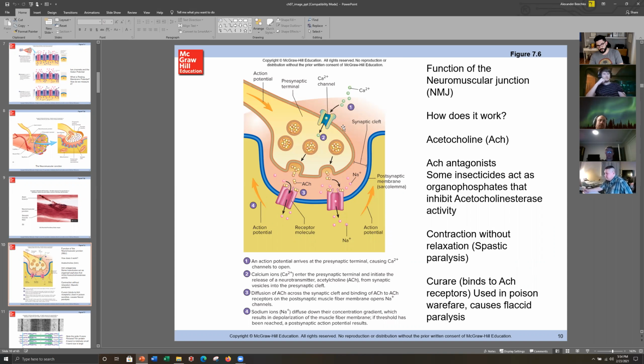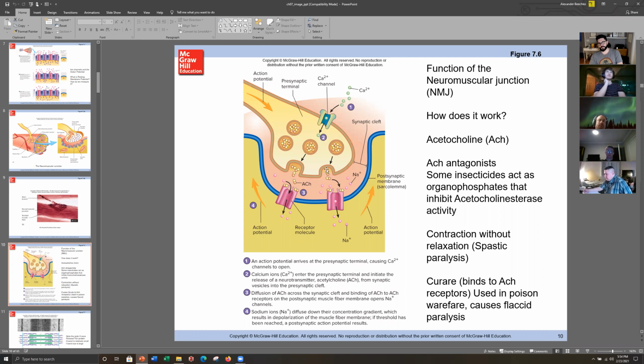Okay, so one of the first instances, and definitely not the last, of the importance of calcium. Calcium will then enter the end of the neuron here, and then it'll trigger this process called exocytosis, where these little synaptic vesicles that contain the particular neurotransmitter are then going to be released into the synaptic cleft.